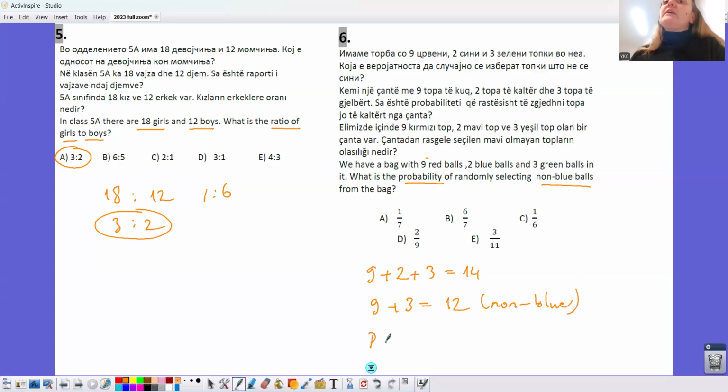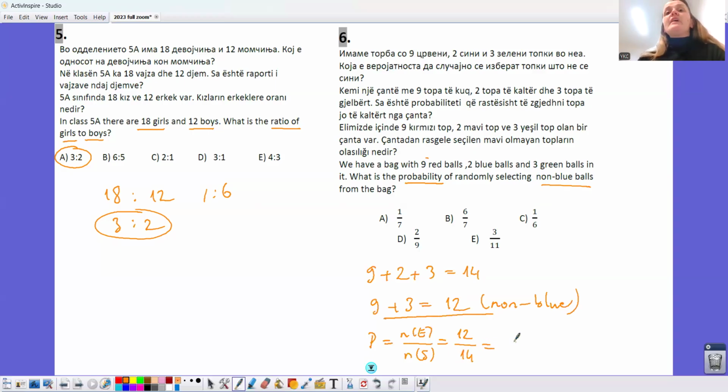Probability is always the number of events over the number of total sample space. What does event mean? We are talking about non-blue ones. So I have 12 non-blue ones and in total I have 14 balls.